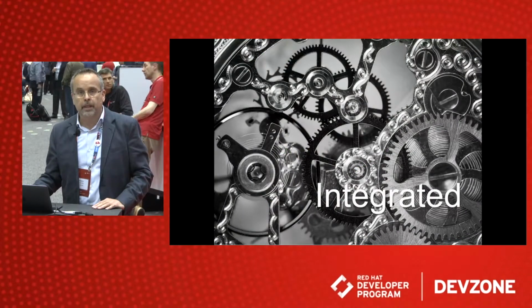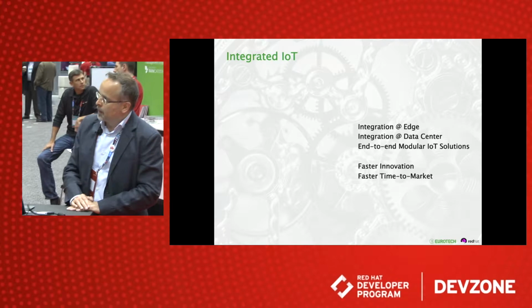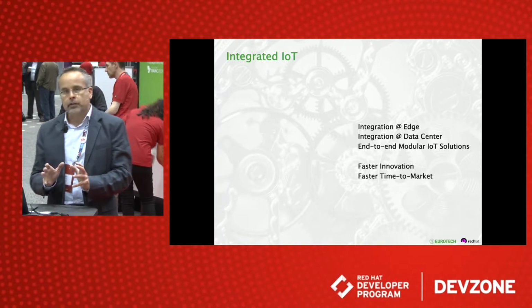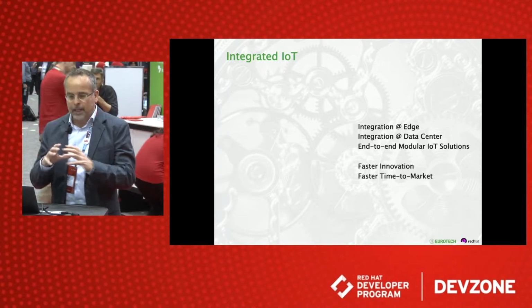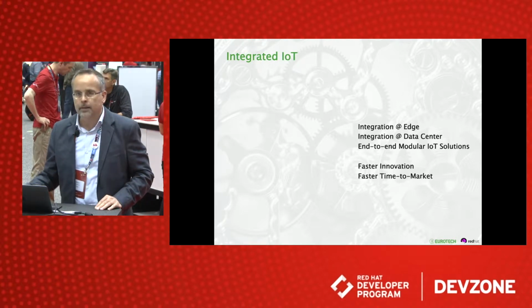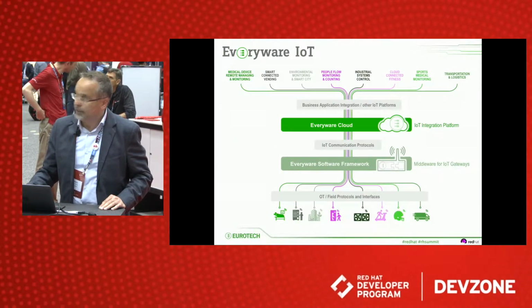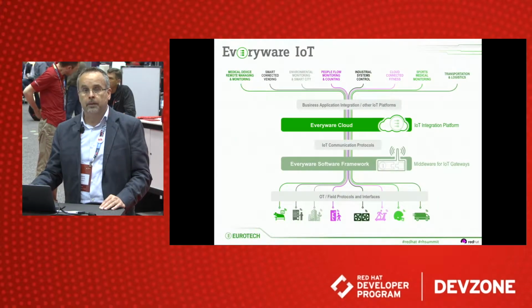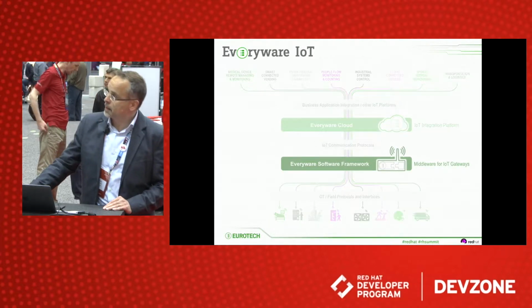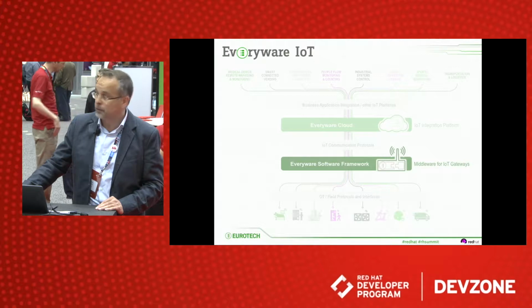The next topic is integrated. We will divide integration in two parts: integration at the edge and integration at the data center, and see how these solutions are modular. This is the previous architecture, and now we will focus on the part in the middle, the middleware for gateways.